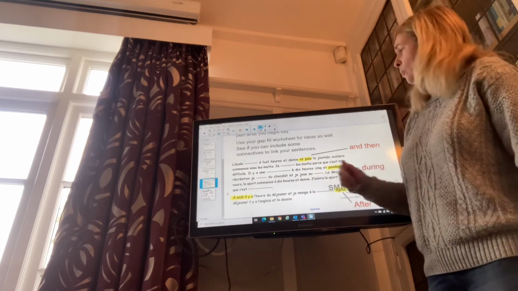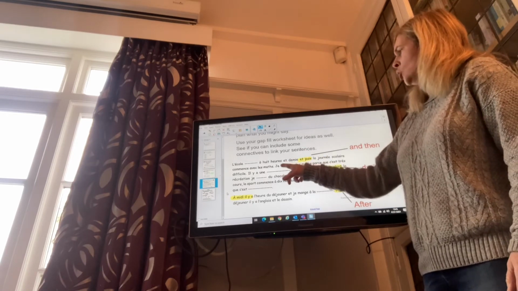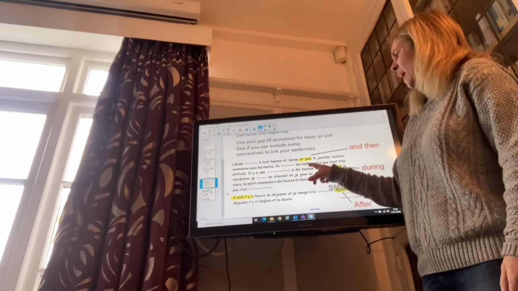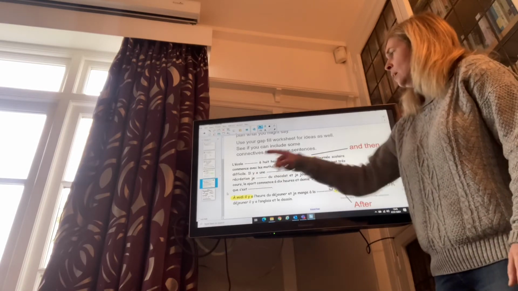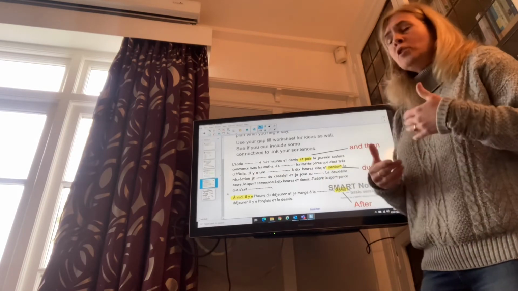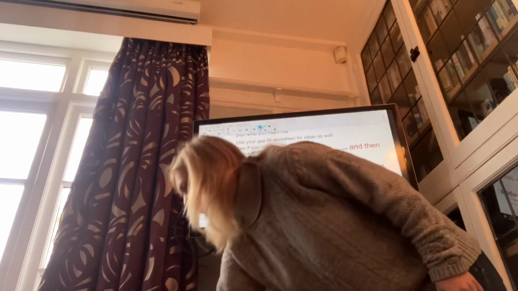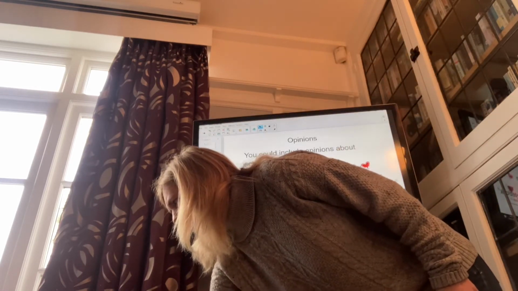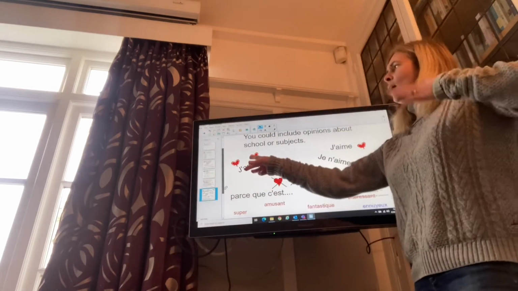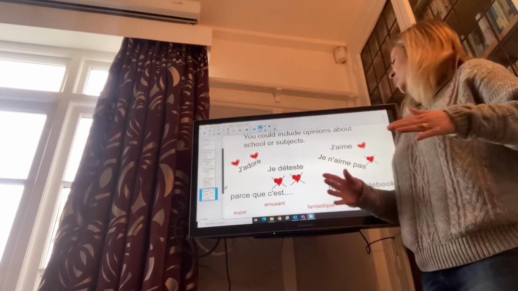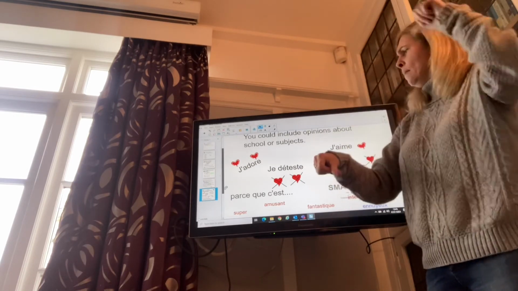This will also help you with things like your opinions. We had je déteste les maths, I hate maths, parce que c'est, because it is, très difficile, very difficult. So you can use this to help you with your ideas. Opinions. Well, you can incorporate opinions about school or subjects. J'adore, je déteste, j'aime, je n'aime pas.